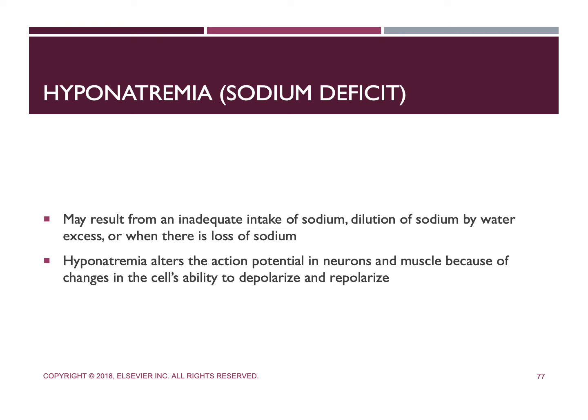There are a few possible causes of hyponatremia, and these include inadequate sodium intake, so not getting enough sodium, prolonged diuretic therapy, excessive diaphoresis, and excessive loss of sodium from trauma. An example of that would be a burn.